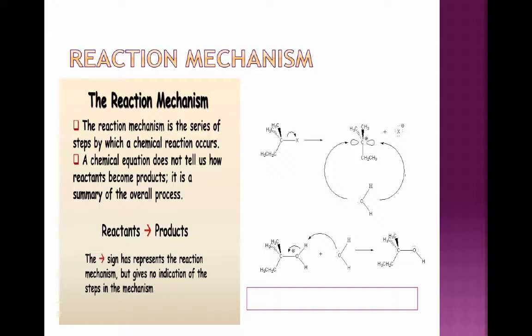Whenever a reaction takes place, whenever we have a chemical equation, we always just see the reactants and the products. But it's important to know that sometimes when reactions take place, there can also be intermediate products. We don't always notice those, especially when we're just writing a chemical equation.